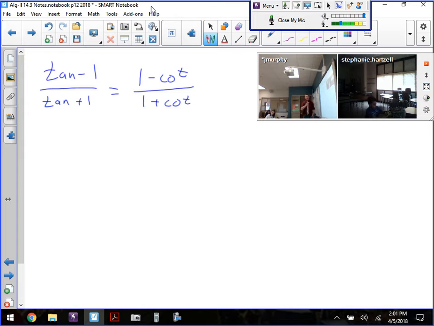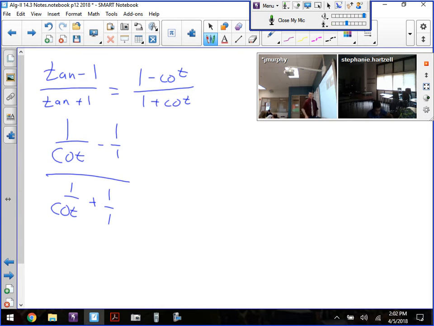But if you look at how you're starting with tangent and you're ending with cotangent, aren't they reciprocal properties of one another? So instead of writing tangent in terms of sine and cosine, write tangent in terms of cotangent. And then get your common denominator.